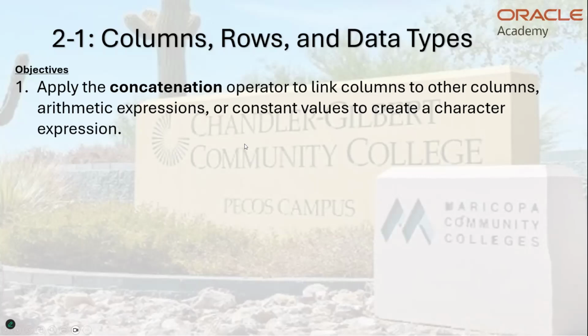Our objectives: we're going to look at concatenation, using the concatenation operation to link columns, arithmetic expressions or constant values to create character expressions, and you'll see what I mean there. That's usually very good when you're creating specific types of reports as far as format.